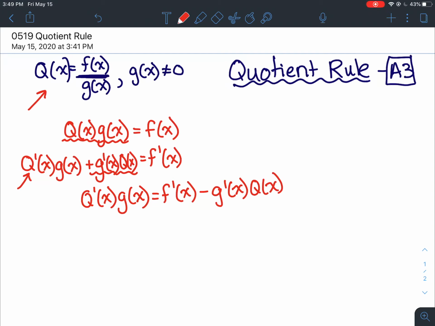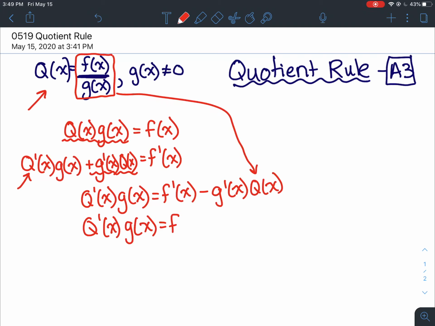What should I do next? I don't want a q on the right side of my equation, and since I know q of x is equal to f of x over g of x, I'm going to sub that in for q of x. So q prime of x times g of x equals f prime of x minus g prime of x times f of x over g of x.